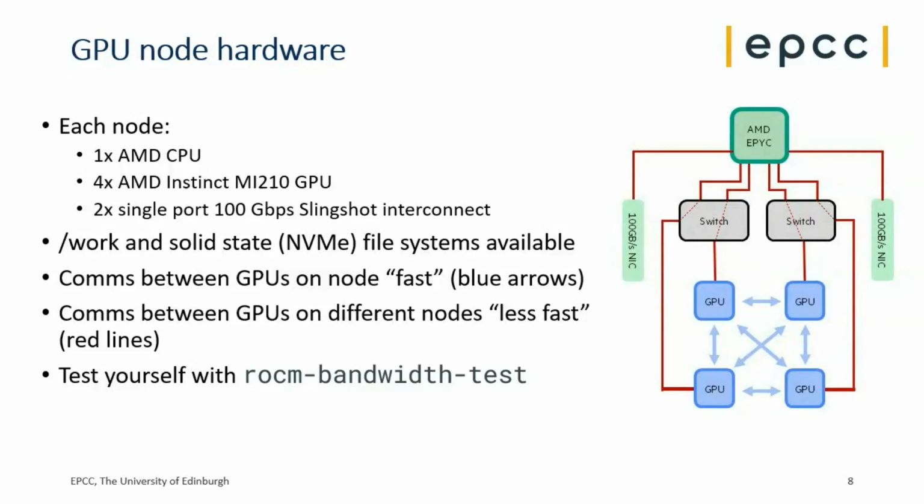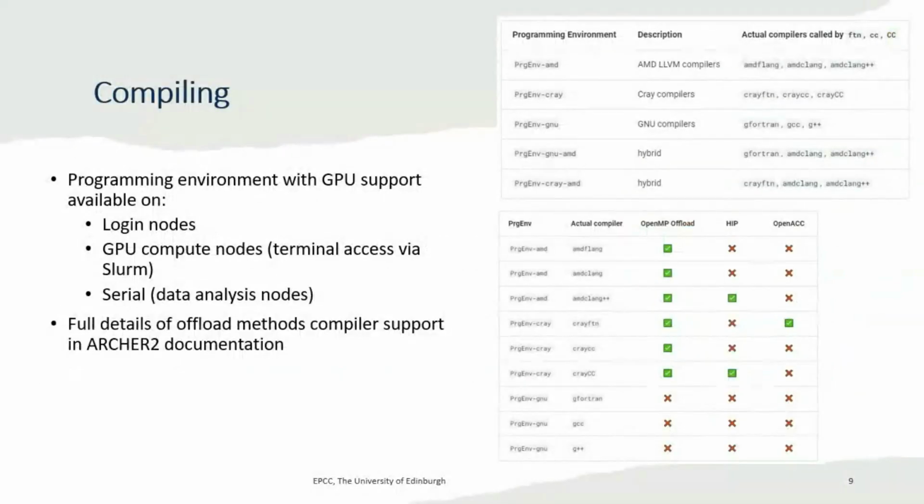Communication between the GPUs directly is quite fast, but the connection between different nodes is a little bit slower. So there's a slight hierarchy there. You can test this yourself, and it's a key feature of these types of nodes and how you get performance, using a ROCm bandwidth test that's on the system now. If you're a new user who's not played around with this technology before, that's a nice place to start, to get an understanding of what performance considerations might be.